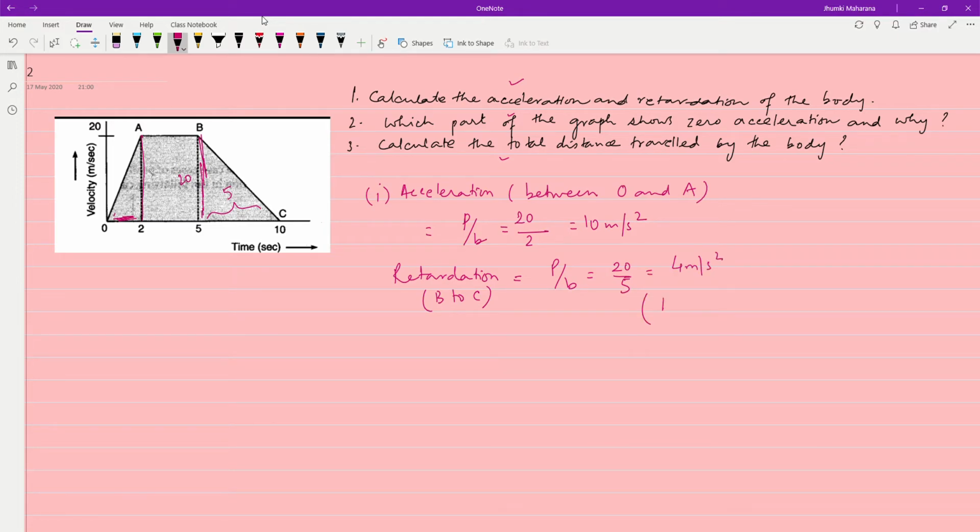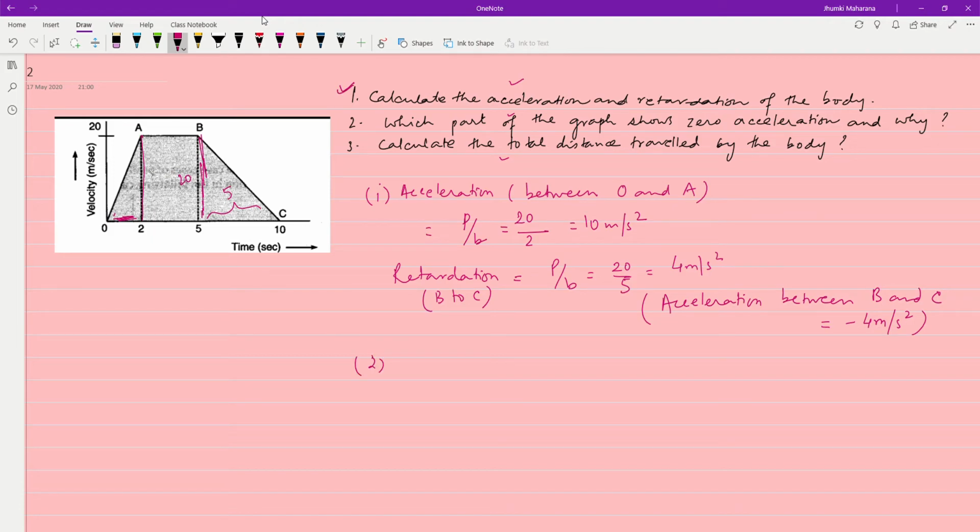Or we can also write acceleration between B and C is equal to minus 4 meter per second square. This is the first question.